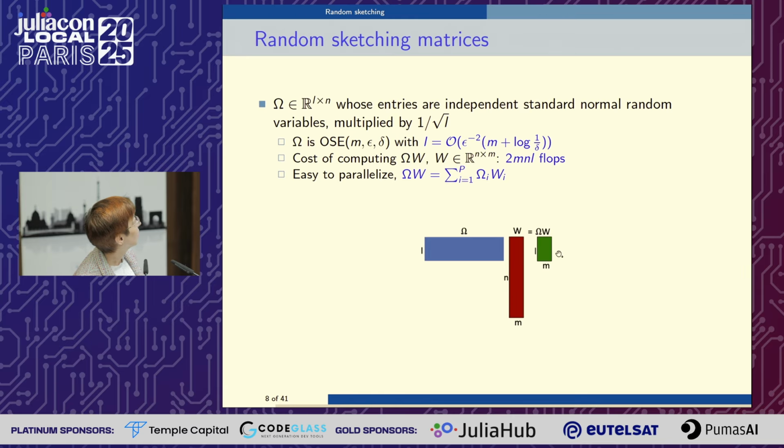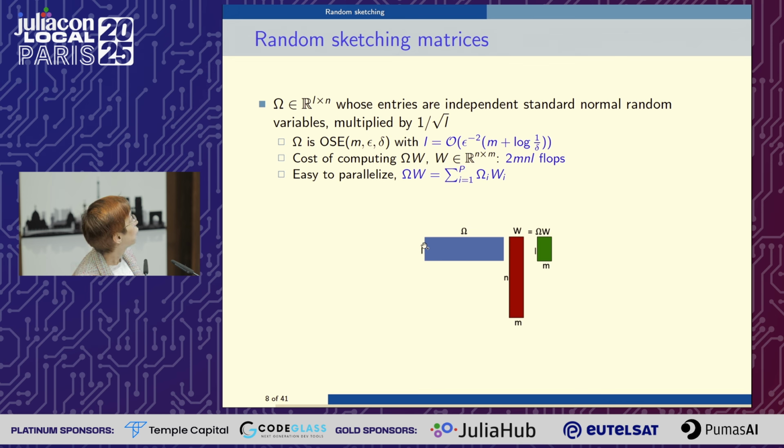And in this case, we will consider that we have m vectors which are stored in a matrix W, and omega is a sketching matrix of dimension L by n.